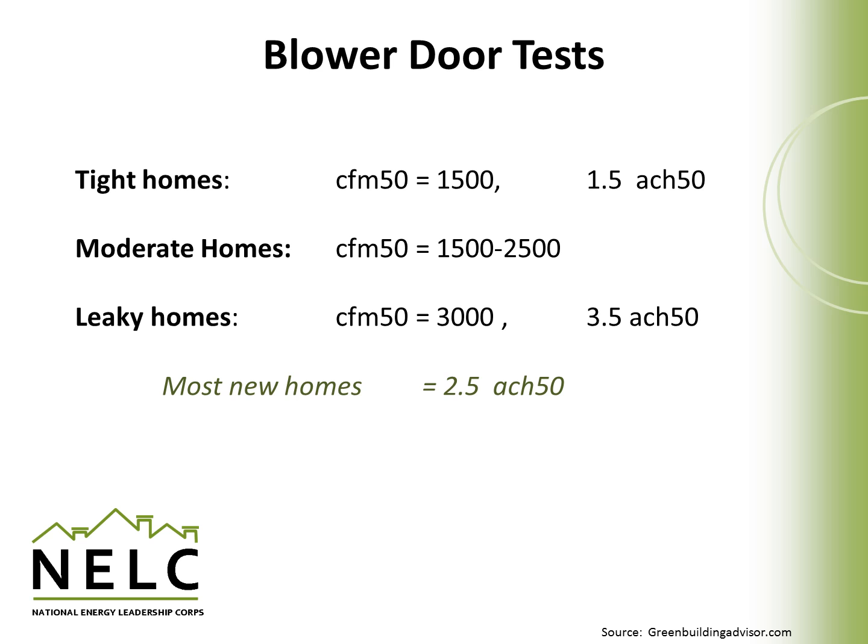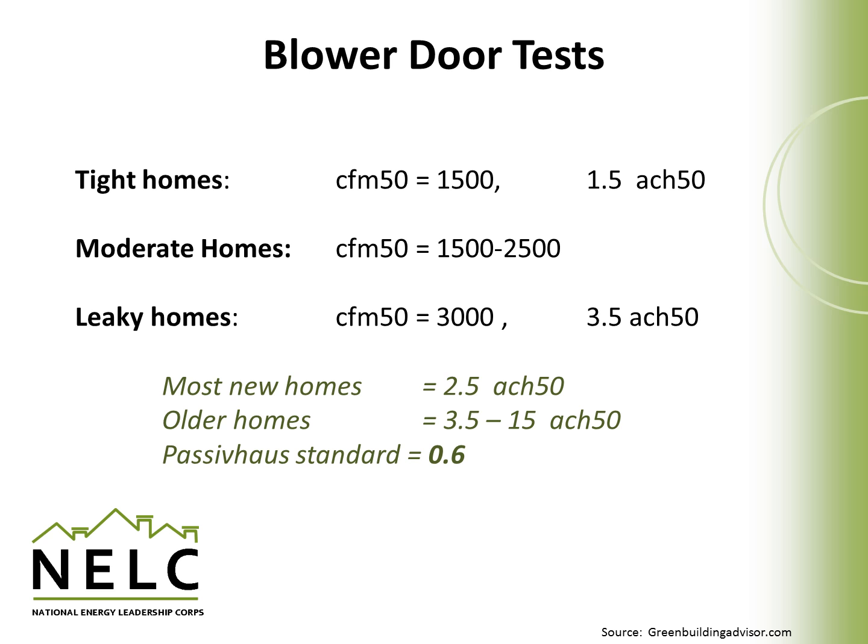Most new homes do have an air change rate of about 2.5. Older homes can vary from 3.5 up to 15, which is a very high number. The Passive House standard is 0.6, which is very hard to achieve and indicates a house that is very tightly sealed up.